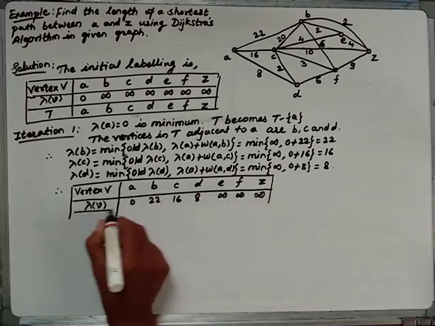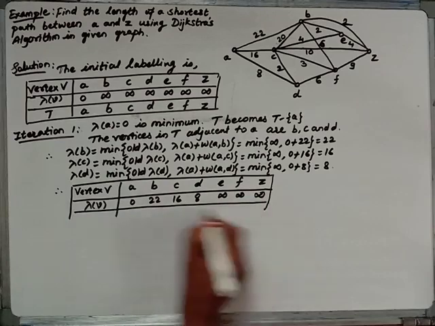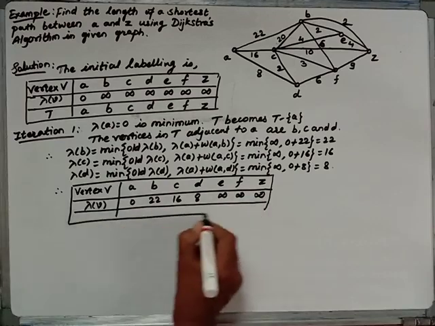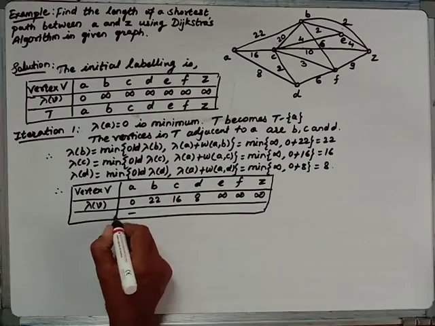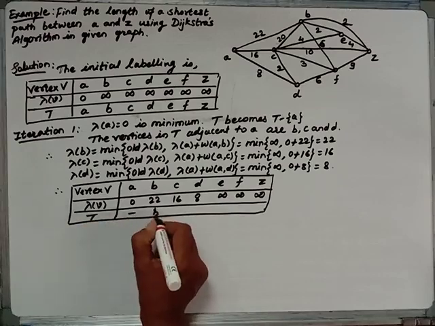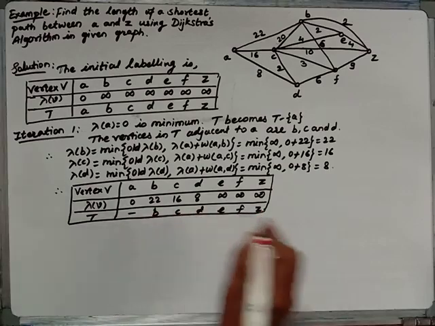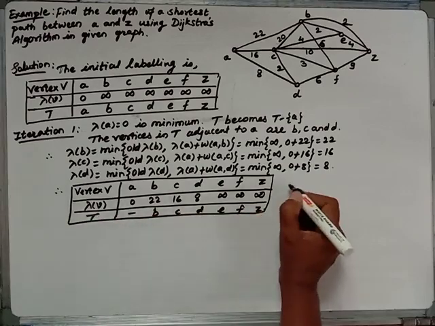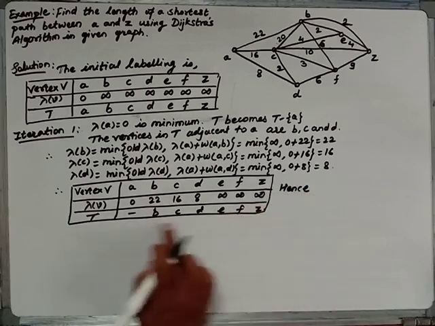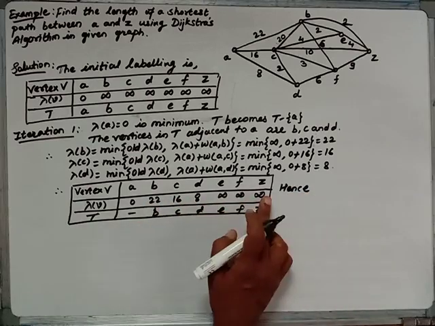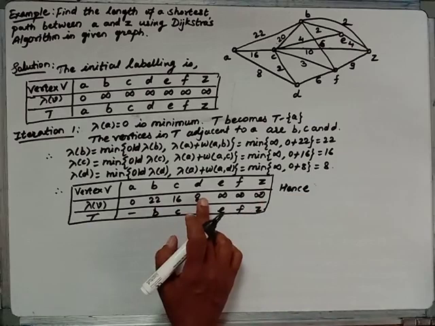Right? So now what is in T? T is T minus A. So simply A is cancelled; B, C, D, E, F and Z are there. A will be eliminated. So now look at this T and check the minimum of lambda in it. So the minimum is what? 8.